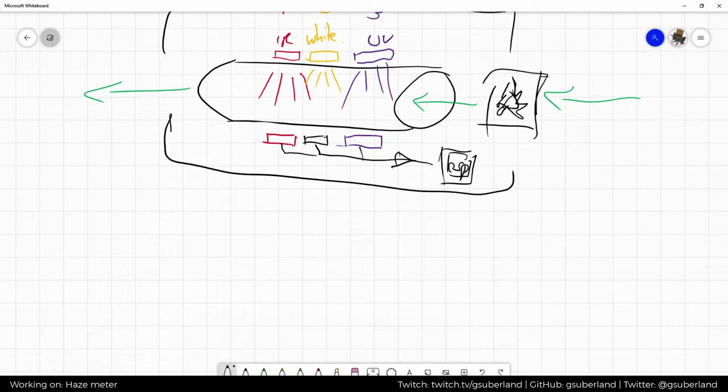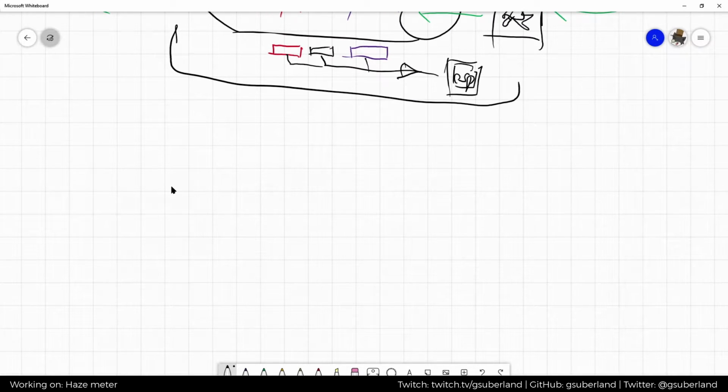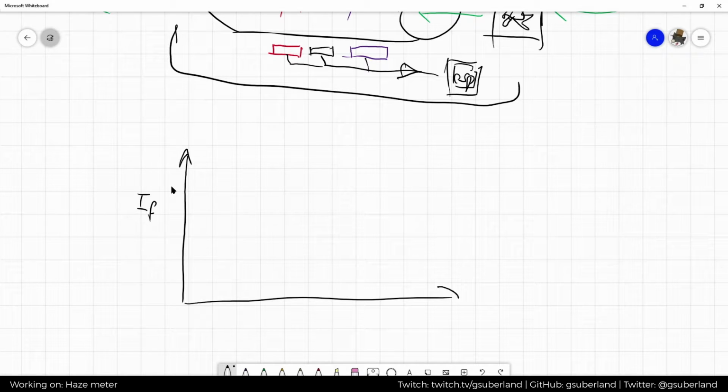And basically what you do is, so this is the forward current on the LED, and this is time. And what you do is, let's just go with green.